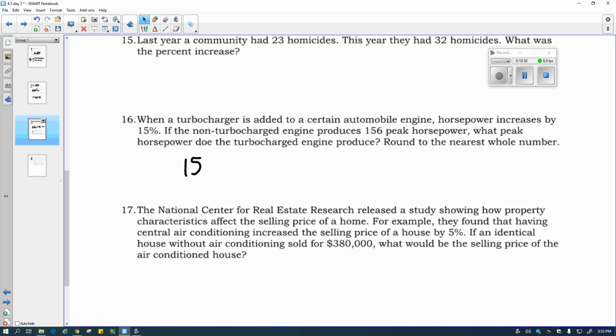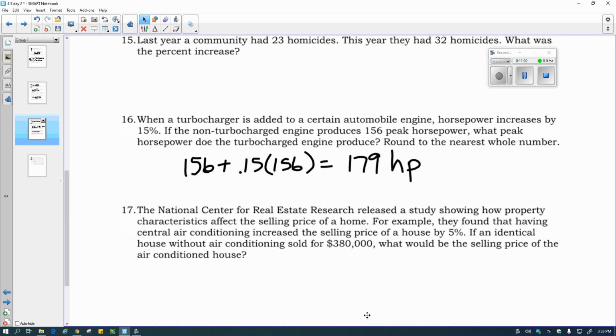So I'm going to start with my 156 and then the 15% of the 156. So 156 plus 15% of 156. That gives me, says round to the nearest whole number, so I'll say this is about 179 horsepower is what I would put on that.